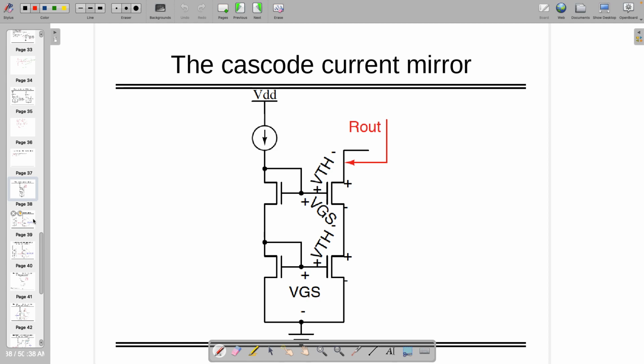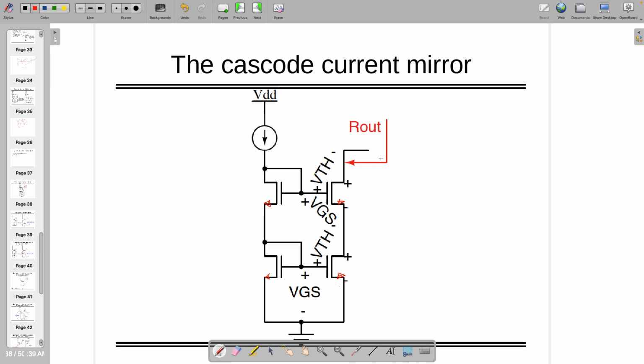If we cascode the transistor, you can see now two transistors stacked on top of each other. I'm not drawing which is source and drain, but of course the lower potential will go to the source. Instead of having one transistor, we are going to have two transistors.